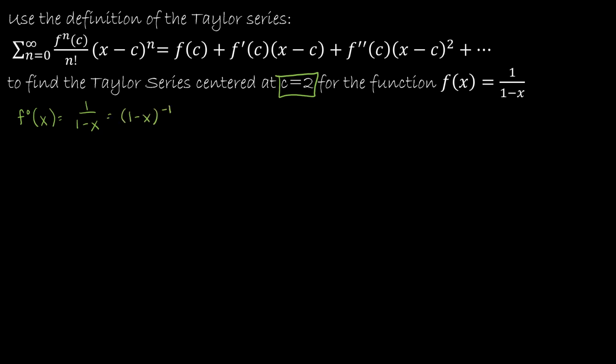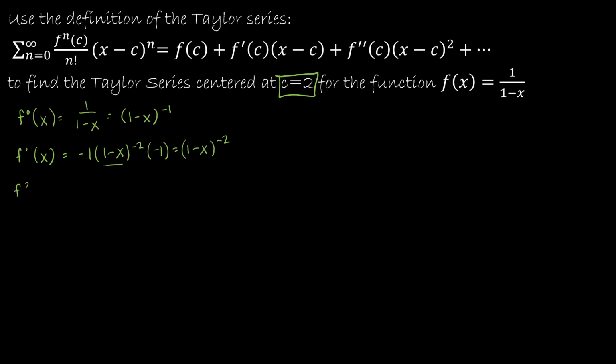I'm going to rewrite that function as 1 minus x to the negative first. So the first derivative, using the power rule, would be negative 1, 1 minus x to the negative 2, and then the chain rule says now take the derivative of 1 minus x, which is negative 1. So that turns into positive 1, 1 minus x to the negative 2.